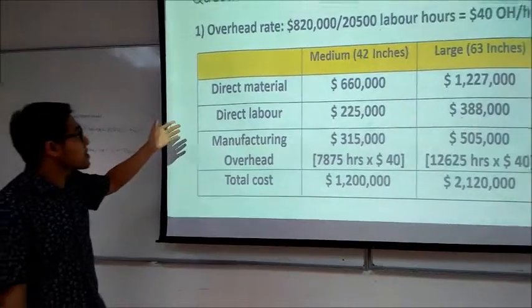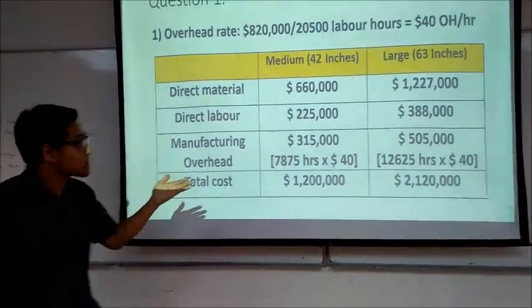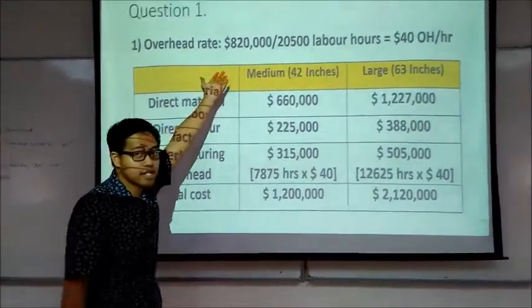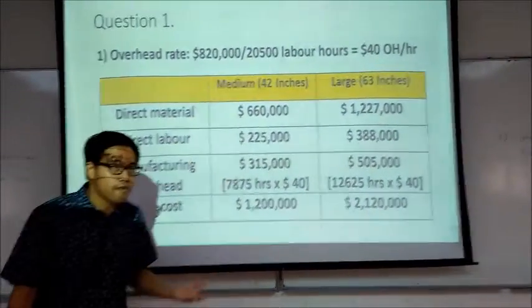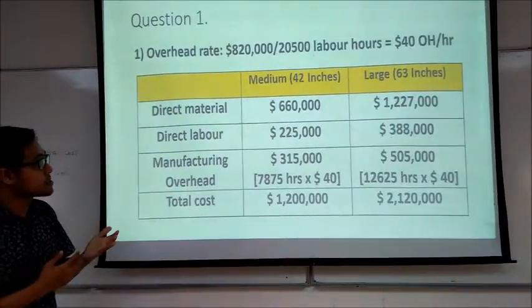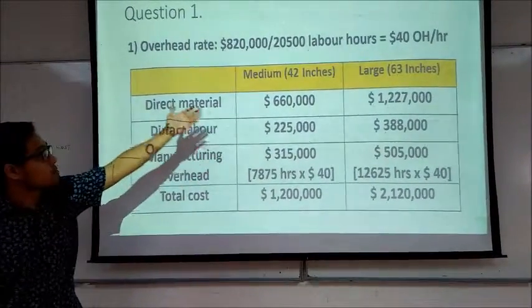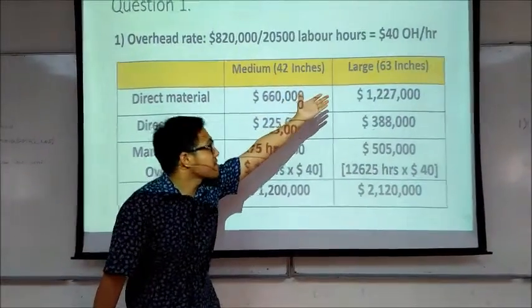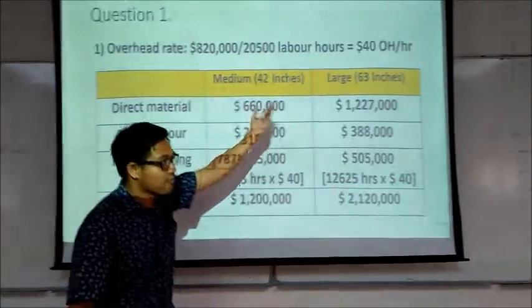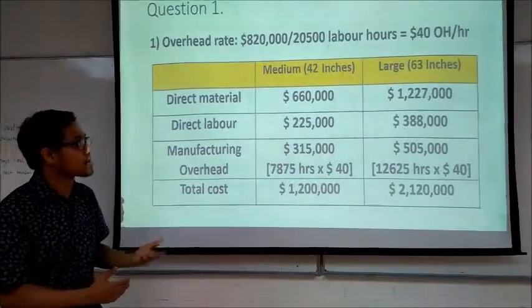Since we are given that the estimated manufacturing overhead is about 820,000, and 20,500 labor hours for both television types, medium and large, based on this information we calculate and receive $40 of estimated overhead per hour.